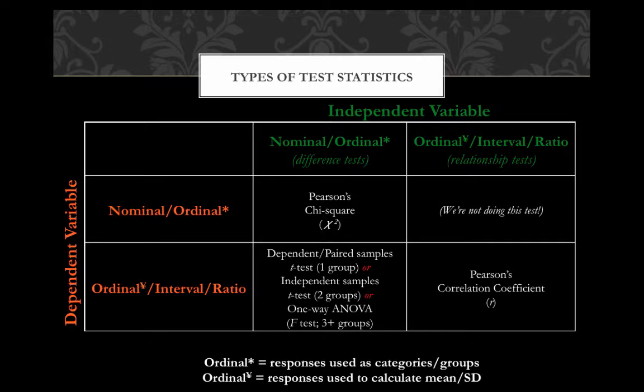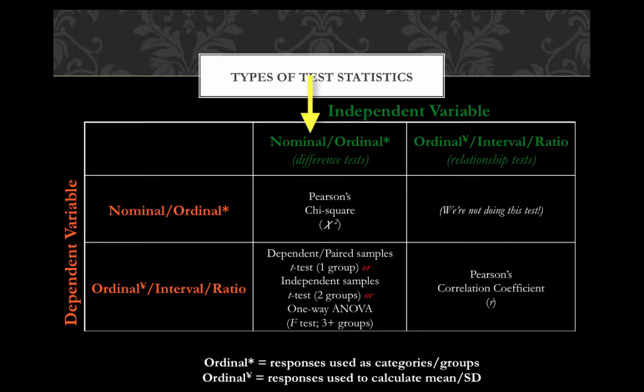Depending on the level of measurement, it's going to dictate what type of test we're going to do. But down this column, if our independent variable is nominal, or categorical rather, nominal by default or ordinal in the sense that we're looking and treating it as categories. So when our independent variable is categorical, we're really doing difference tests because we want to see what are the differences between all of our groups, all of our categories that we're looking at.